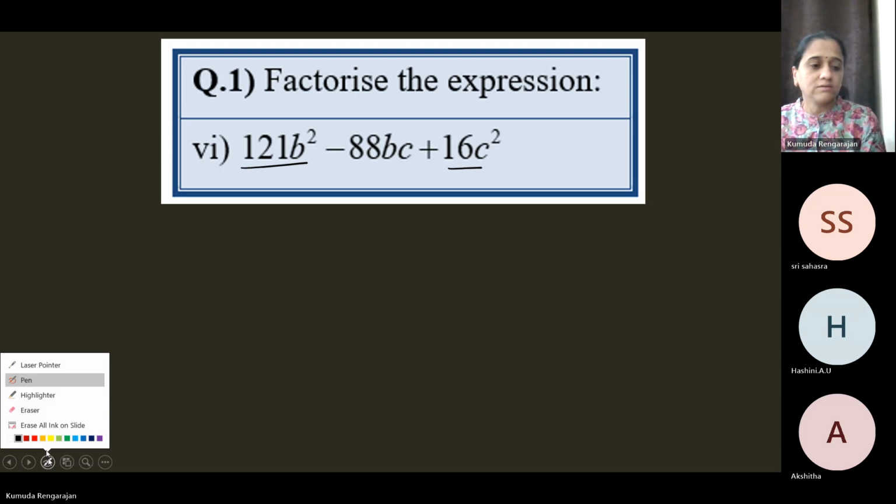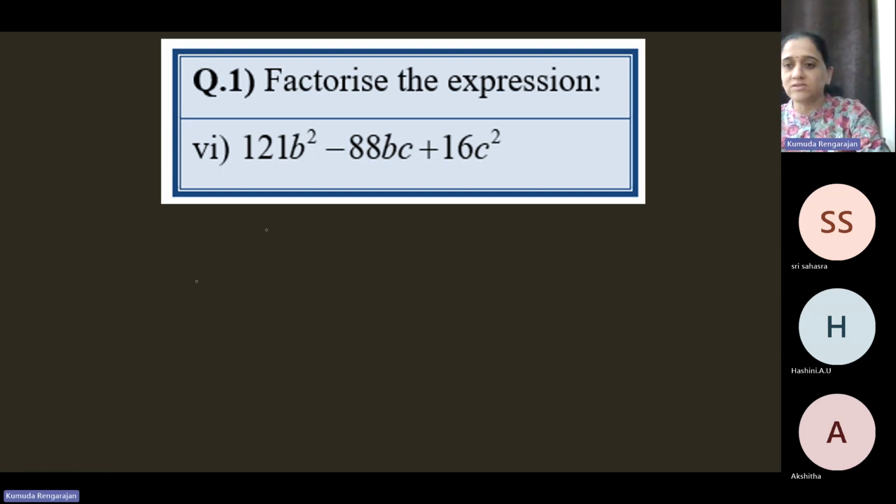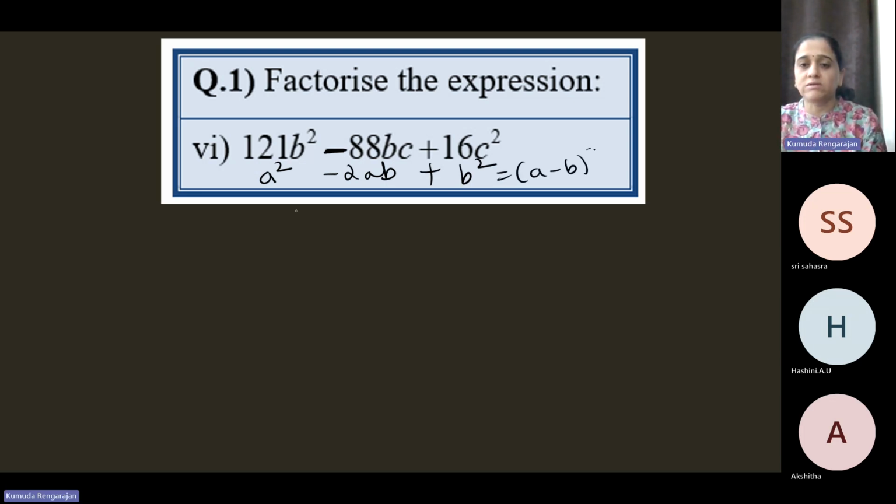So we'll try to factorize this using the identity a squared minus 2ab plus b squared, because this is a squared, this is b squared, and this is minus 2ab, which is a minus b the whole squared.